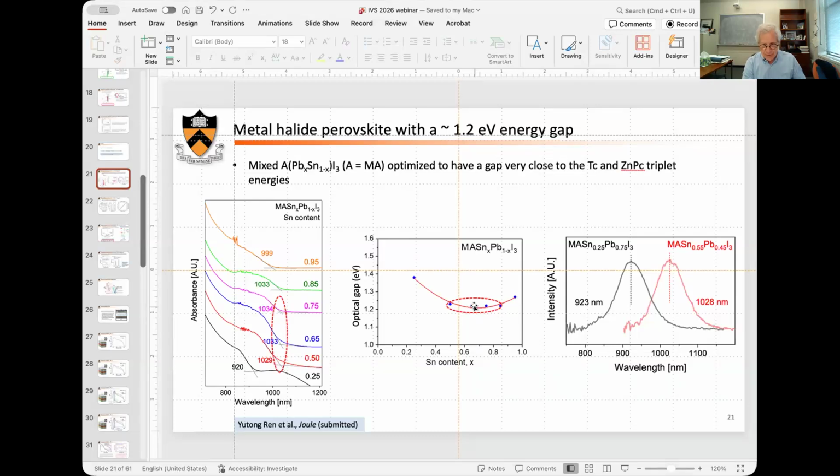So we needed this mixture. There might be other compositions that would fit the bill. We are going to try other cations, cesium and formamidinium and so on. But we haven't done that yet. These are things that we are going to do.